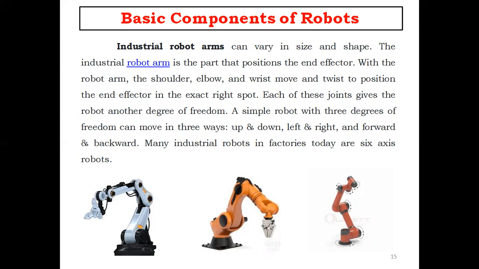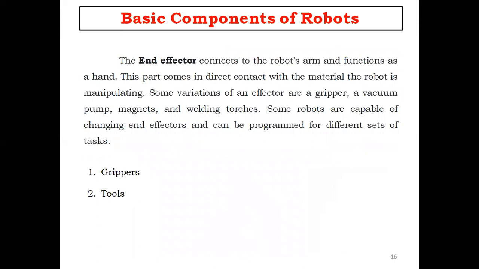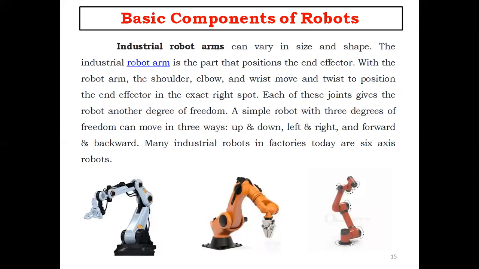A simple robot with 3 degrees of freedom can move in 3 different ways: up and down, left and right, or forward and backward. These degrees of freedom determine what we can do with the robot.